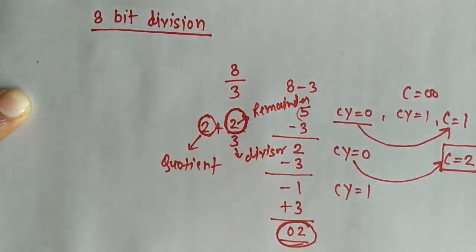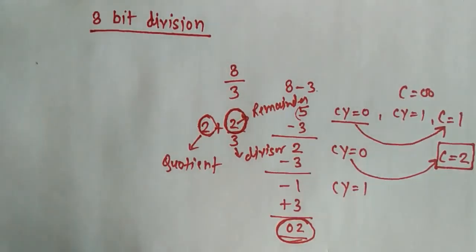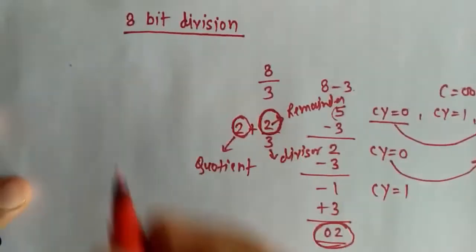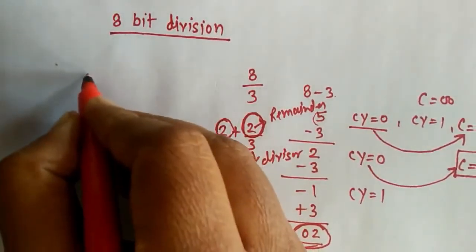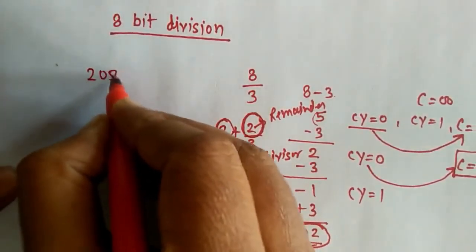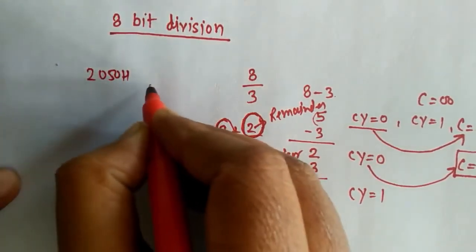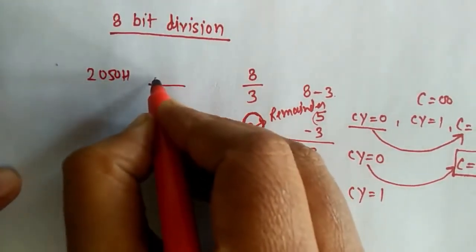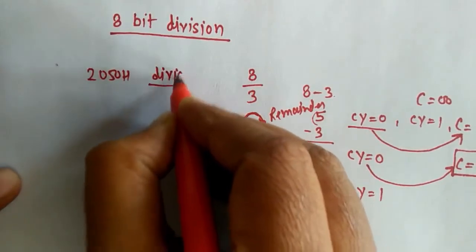Okay, so let's write the program for this. Assume that at address 2050H the dividend will be given, that means the number.